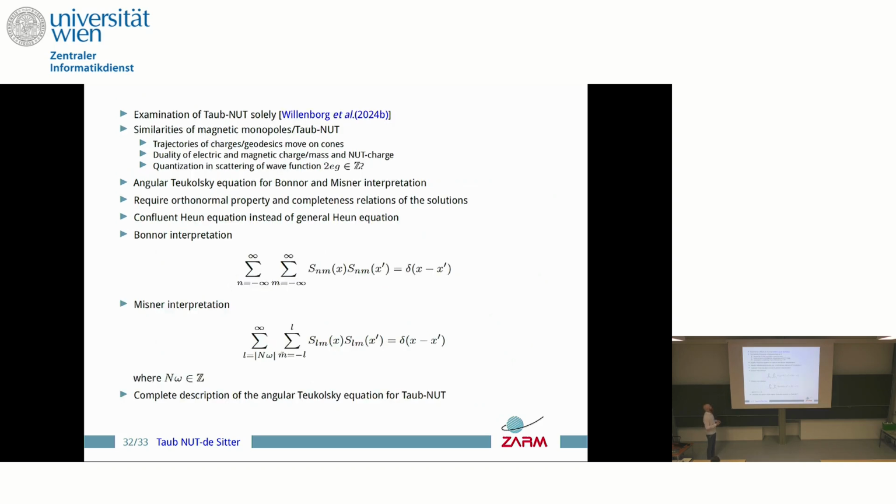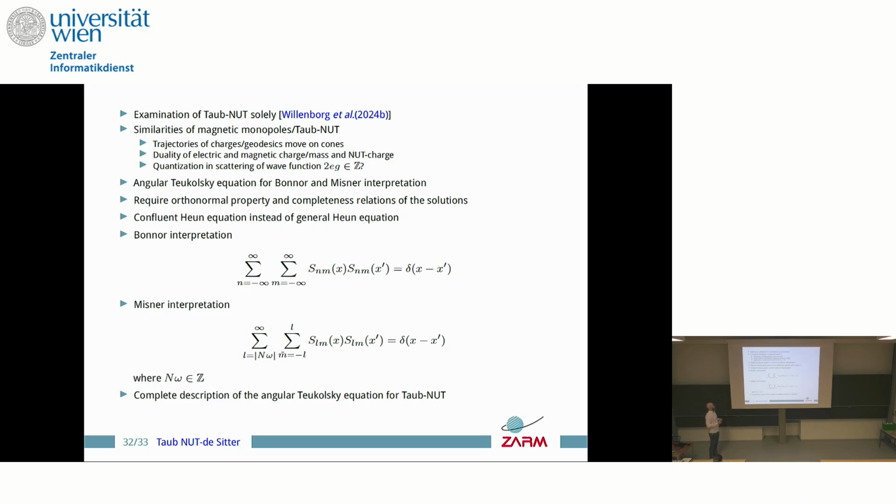And for this, we have a different paper which is only focusing on the angular Teukolsky equation, because you can already see most of the properties in this case. For example, we are focusing on quantization and scattering, because magnetic monopoles always come with the quantization of electric charge and the magnetic monopole.